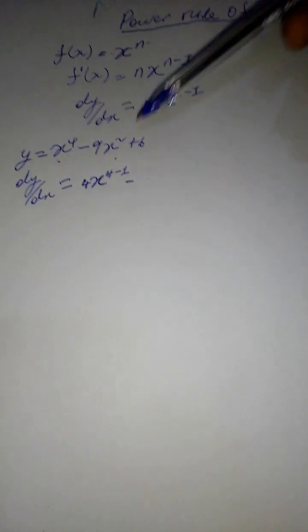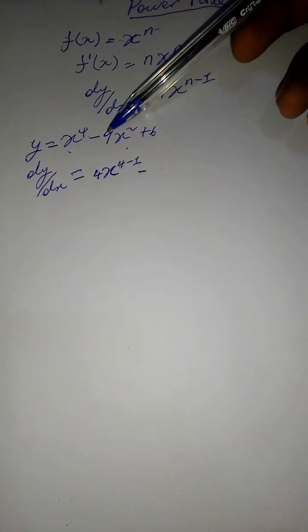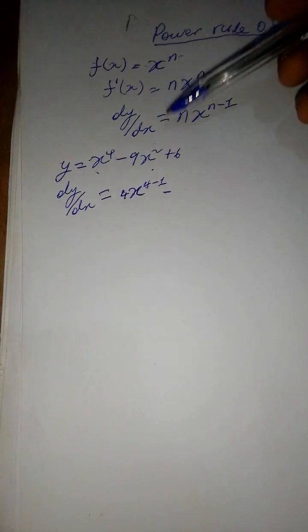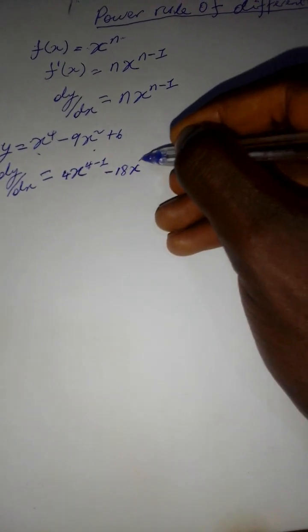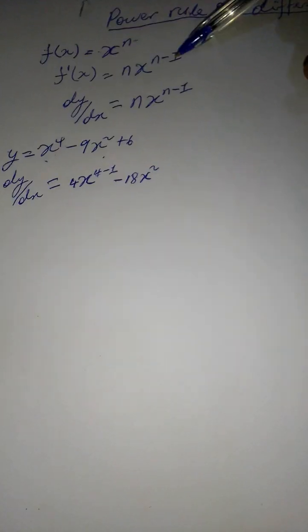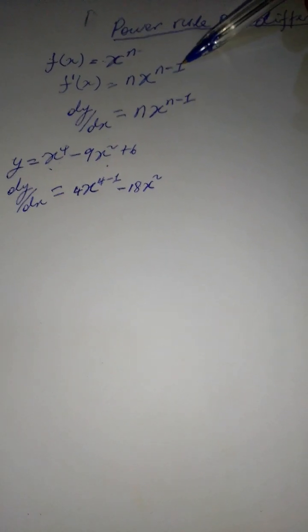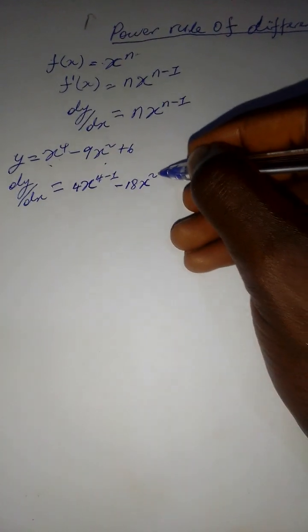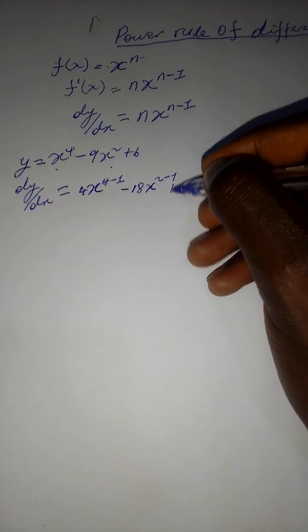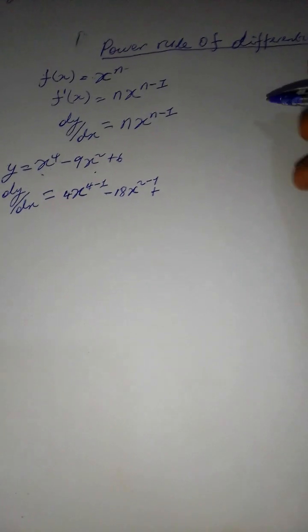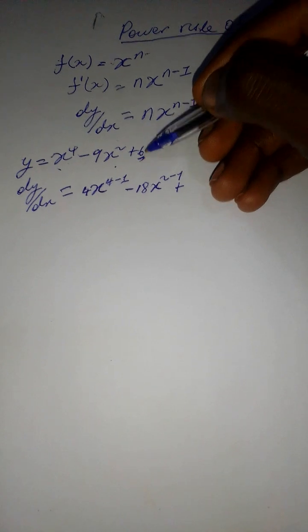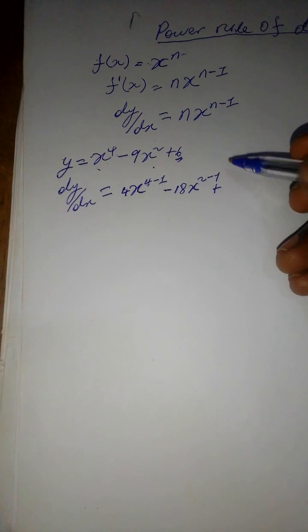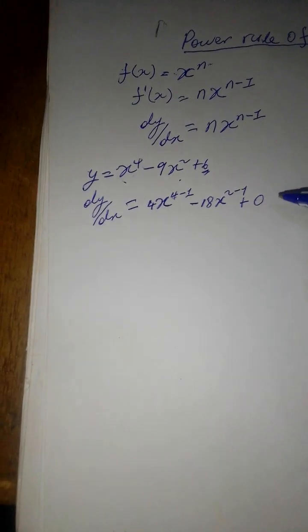Minus, you multiply by the power, so negative 9 times 2 gives us negative 18x, and you minus 1 from the power, so minus 1. Plus differentiating a constant. Now take note of this: differentiating a constant in differentiation gives us 0. So differentiating 6, a constant, we will have plus 0.